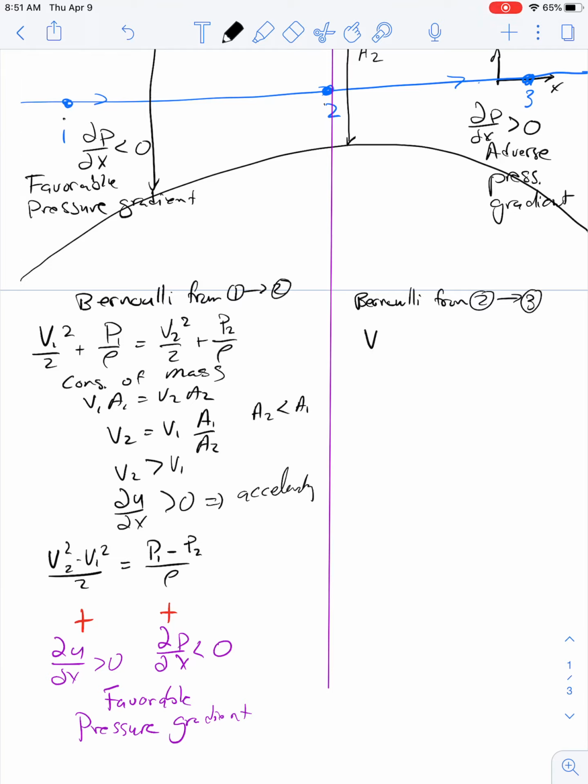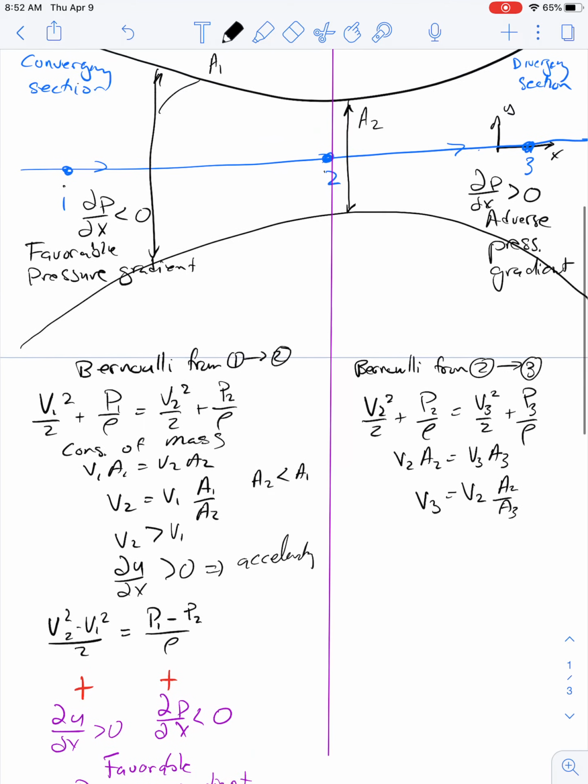We'll have V2 squared over 2 plus P2 over rho is equal to V3 squared over 2 plus P3 over rho. Now conservation of mass is V2A2 equal to V3A3, and so V3 is going to be equal to V2 times A2 over A3.